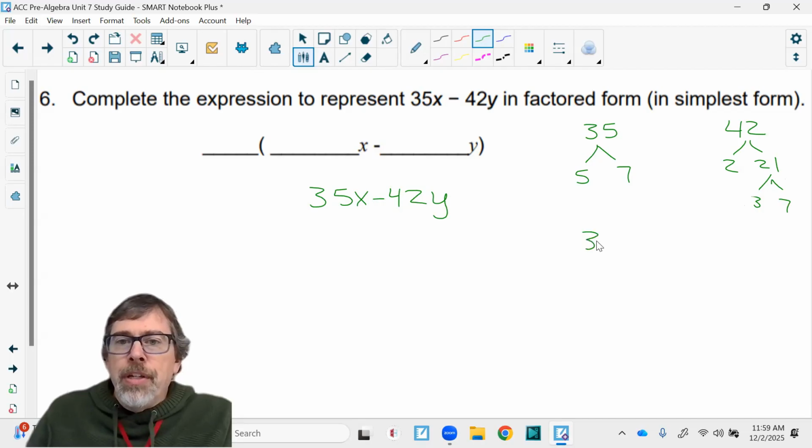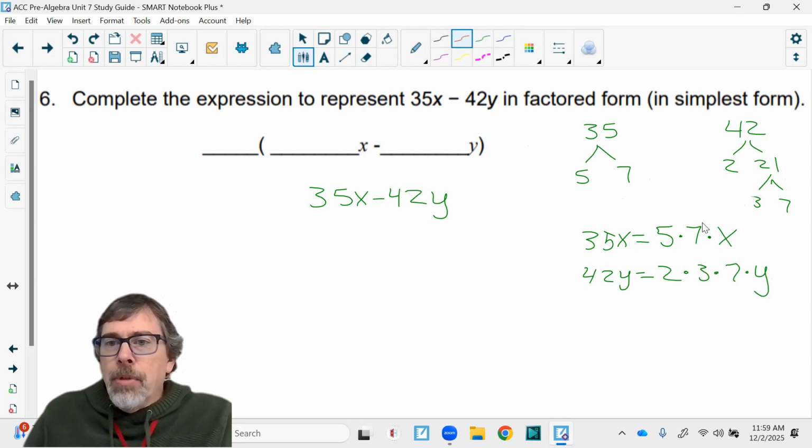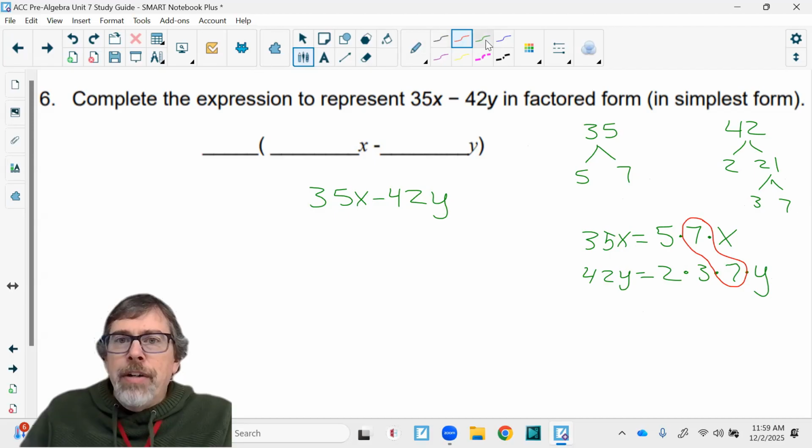So if I wrote 35x in expanded form, it would be 5 times 7 times x. And if I expand 42y, I get 2 times 3 times 7 times y. Okay? And I'm looking for like terms, and it's 7. So that's what I'm going to factor out of this. So this is going to become 7 parentheses, and my leftovers are already sitting right there.